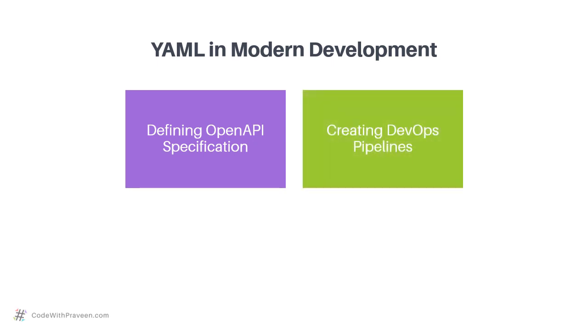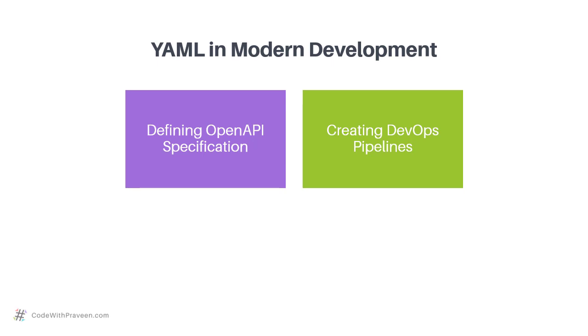Next, it is also used to create the DevOps pipelines. For instance, you can create a build pipeline in Azure DevOps and you can store the configuration in a YAML format. The advantage of this approach is that, as mentioned before, you can check in these files or add these to your source control so that it becomes infrastructure as code.